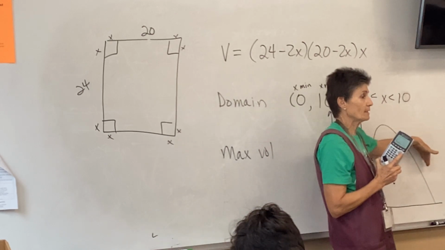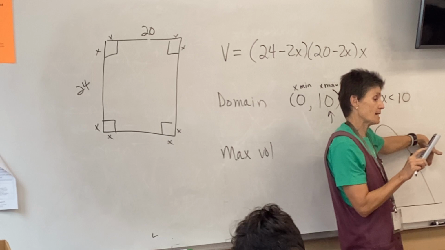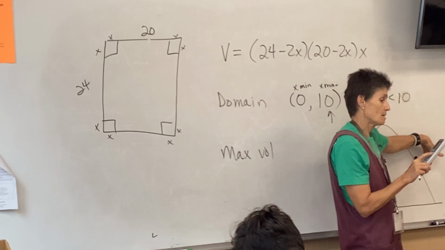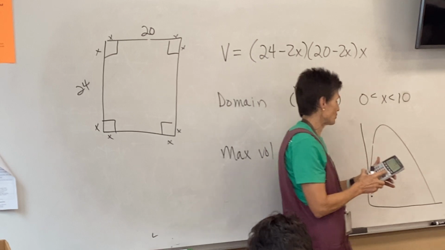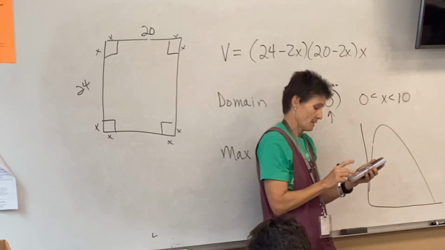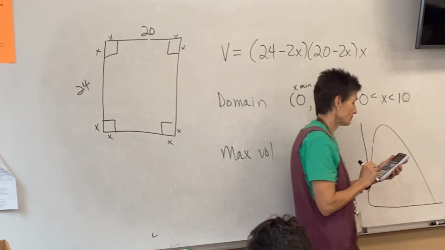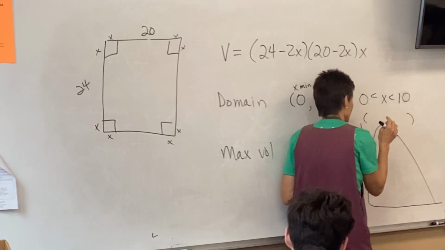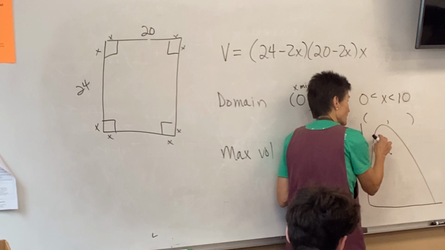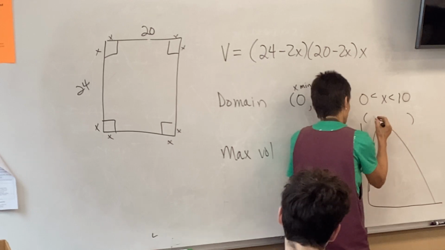Move the cursor till it's on the downward side of the mountain. Press enter. And then move your cursor to the top of the mountain. Press enter. And down at the bottom, it will give you the coordinates of the maximum.